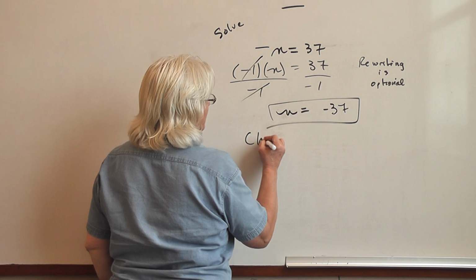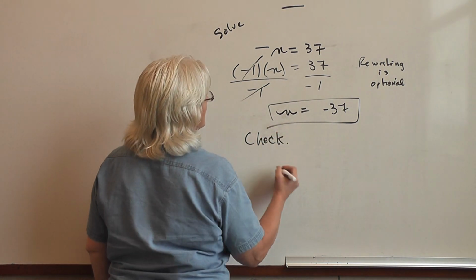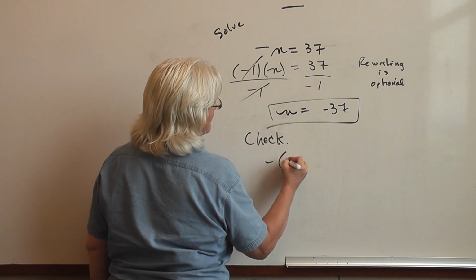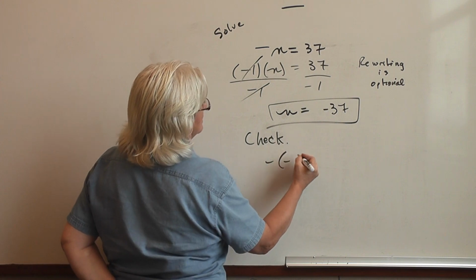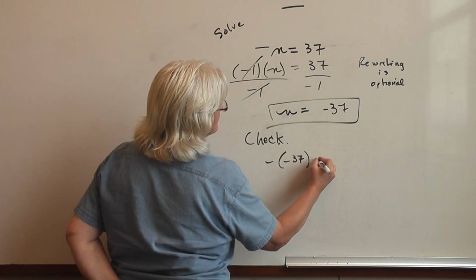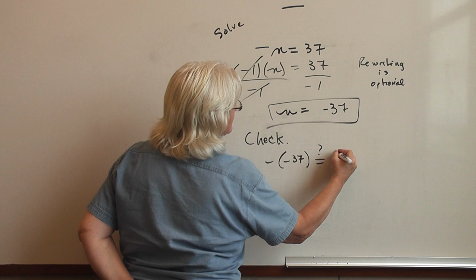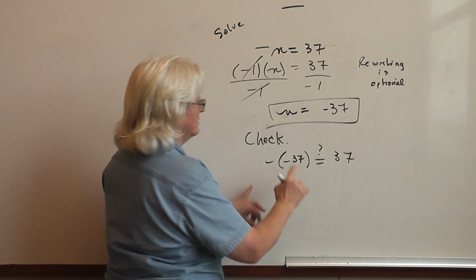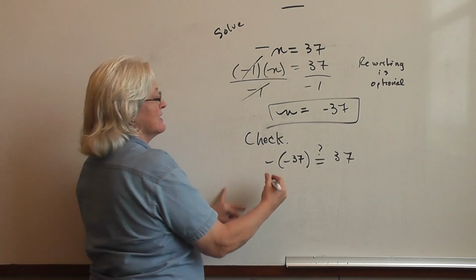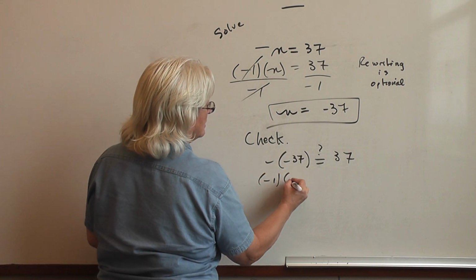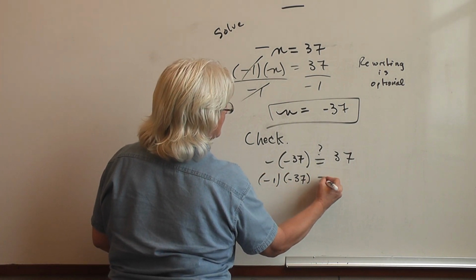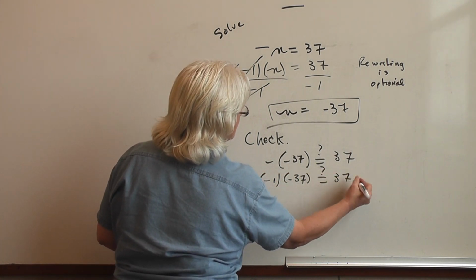Let's go ahead and check by substituting in. The opposite of -37, is that equal to a positive 37? This is the same as saying -1 times -37. Is that equal to 37?